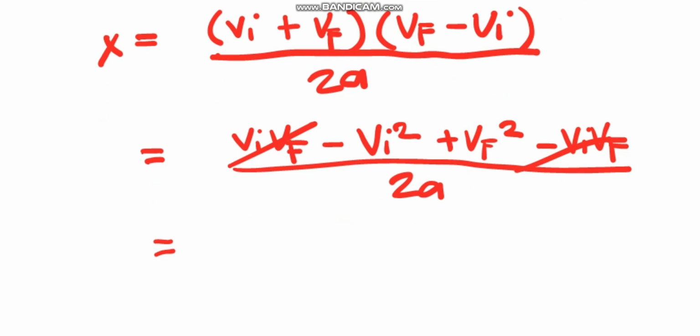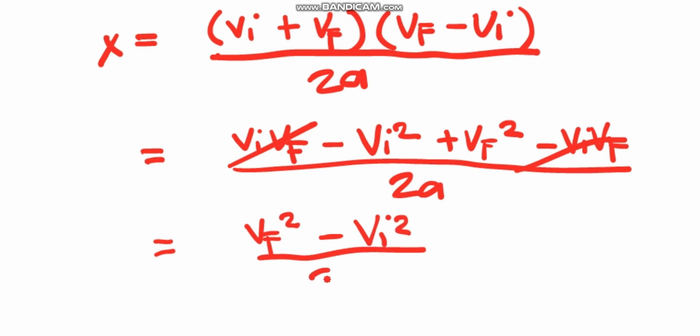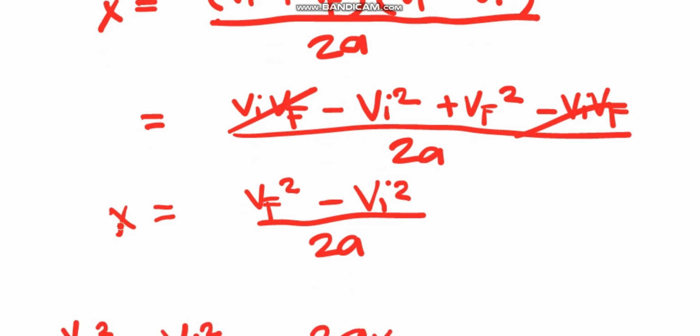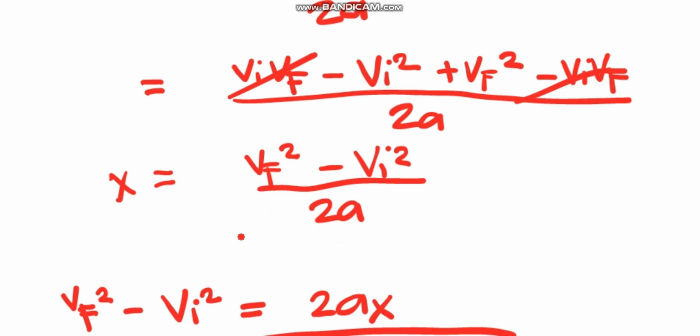Simplifying now our equation, we'll have x is Vf squared minus Vi squared all over 2a. So this is your x. So by cross multiplying, we'll have Vf squared minus Vi squared is equal to 2ax.